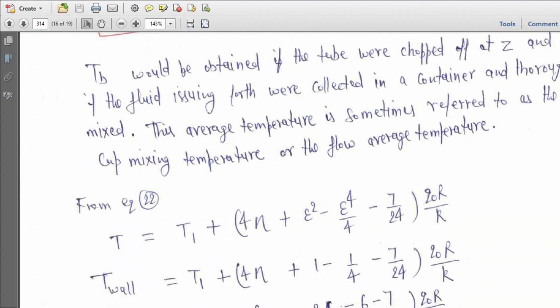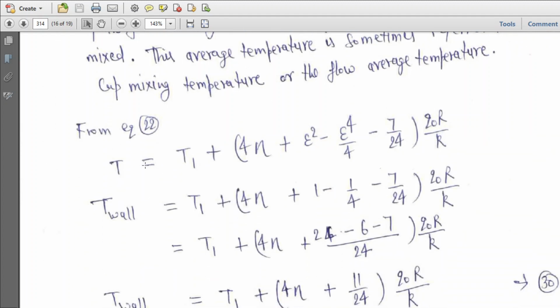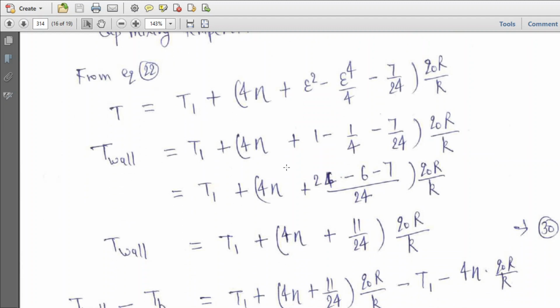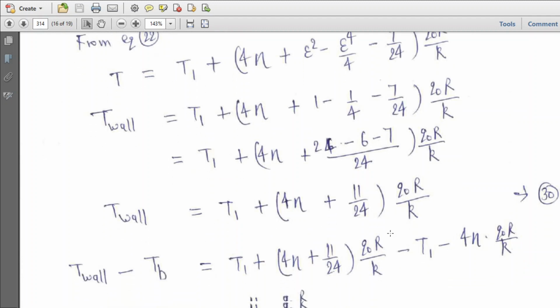Now from equation 22 you have the temperature expression T is T1 plus 4 eta times epsilon square minus epsilon 4 upon 4, minus 7 upon 24 q naught R upon k. For the wall temperature, epsilon is 1, so substitute that. From here the wall temperature is T1 plus 4 eta plus 11 by 24 q naught R upon k.